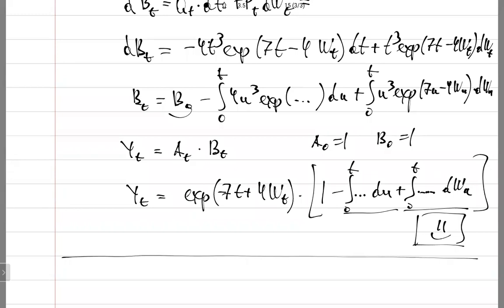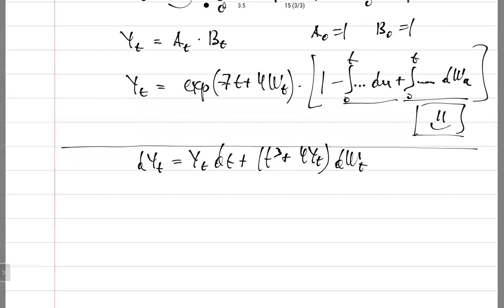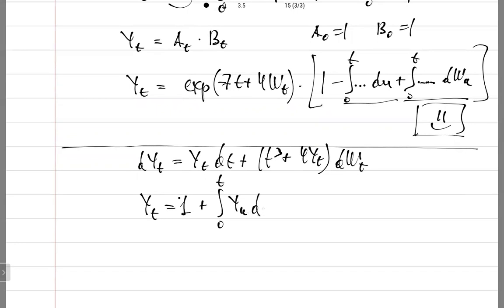Because in the original, I may write: if I consider the original process, dYt was equal to Yt dt plus (t cube plus 4Yt) dWt, and maybe we can write Yt like 1 plus integral from 0 to t of Yu du plus integral from 0 to t of (u cube plus 4Yu) dWu. That's correct.